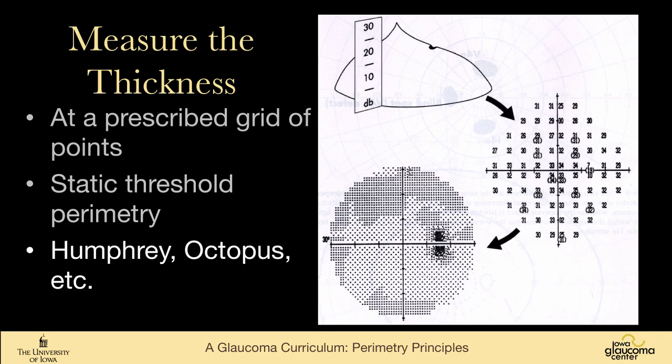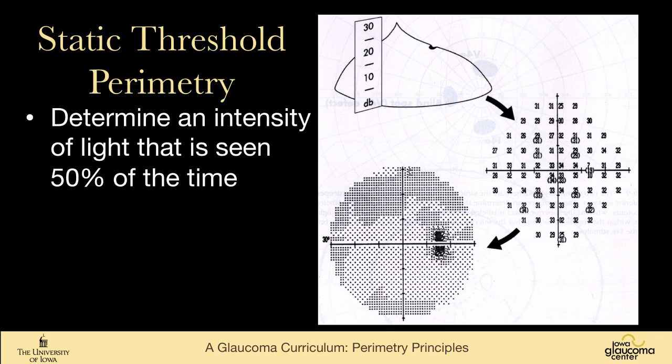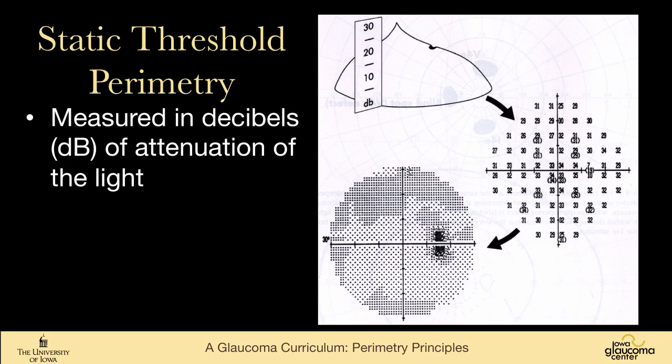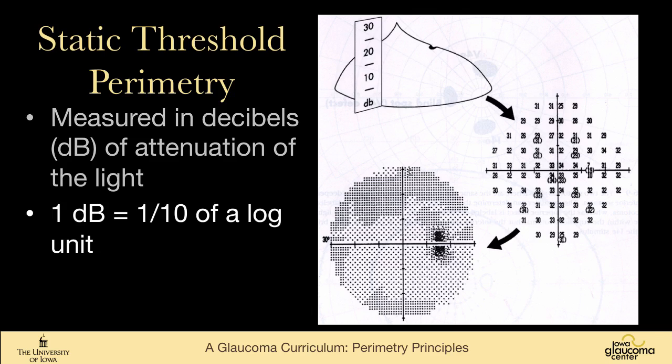So it's a very smart machine, the way that it does this test. This is what happens in the Humphrey and the Octopus and other static threshold perimeters. They're basically trying to find the intensity of light that's seen half of the time. And that's the threshold. It's measured in decibels of attenuation of the light. So the light is 10,000 apostilbs, and at this point here that has a 31, that means that the light is attenuated by 31 decibels and is still seen half of the time. 1 decibel is about 1/10 of a log unit.